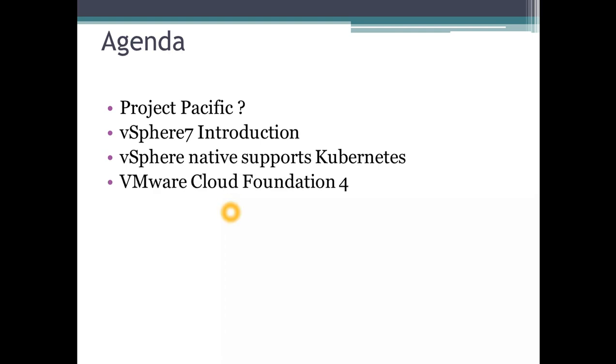With that, it ties into the entire SDDC solution which VMware is providing with VMware Cloud Foundation, which is the license you need to get if you want to go for vSphere native support with Kubernetes.